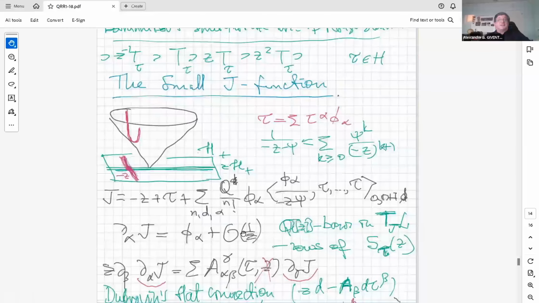This is a 1 over z series. You multiply by z, you get no positive degree terms in z. It starts from 0, maybe in negative terms. And this contains also only negative terms. But this, if it contained any positive terms, then the result would contain some positive terms. Therefore, the conclusion is that the matrices actually cannot depend on z at all.